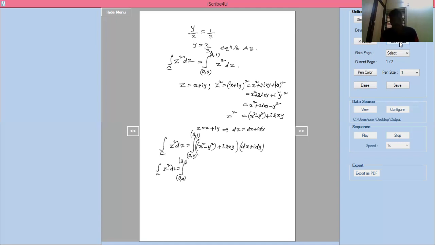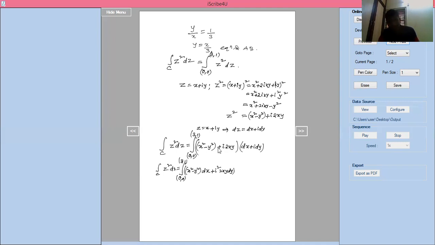First I multiply x square minus y square into dx. Next similarly I multiply i into i, which is i square, 2xy into dy. I square will be minus 1.